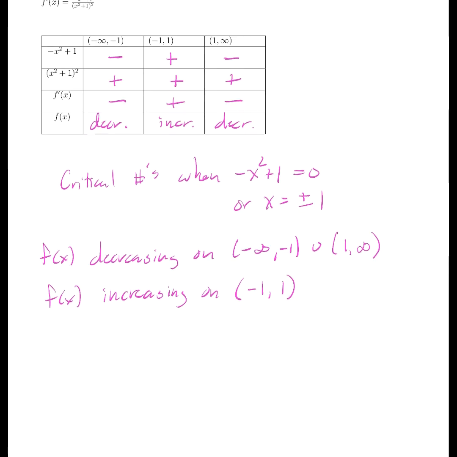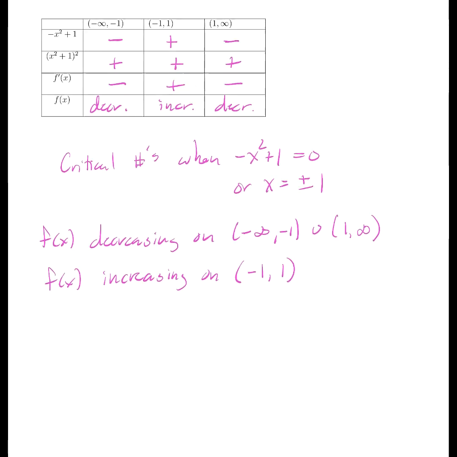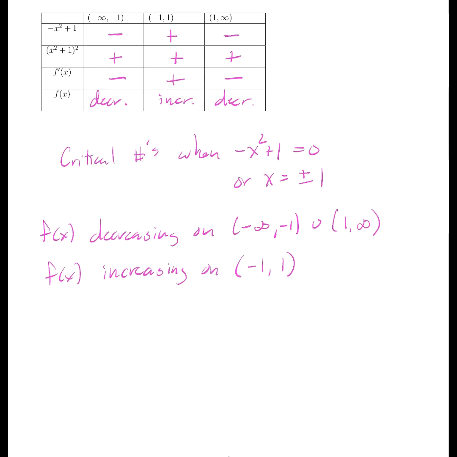We change from decreasing to increasing at negative 1, so that would be a local minimum at negative 1 comma something. And we change from increasing to decreasing at 1, so we're going up and then we turn and start going down, so that's going to give us a local maximum at 1 comma something.